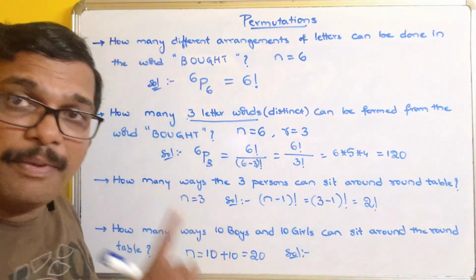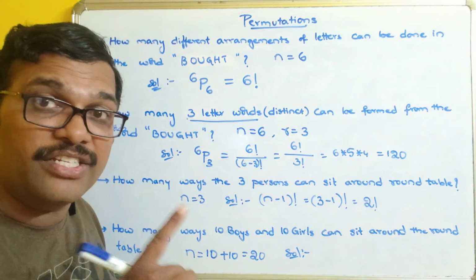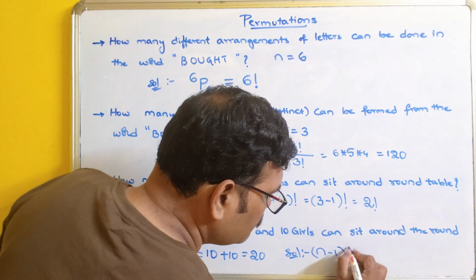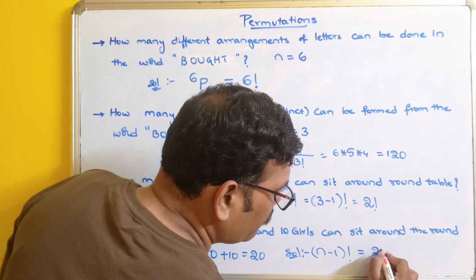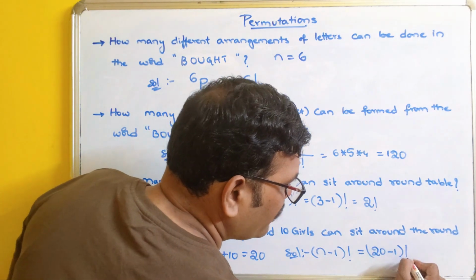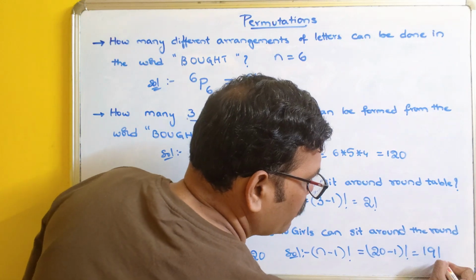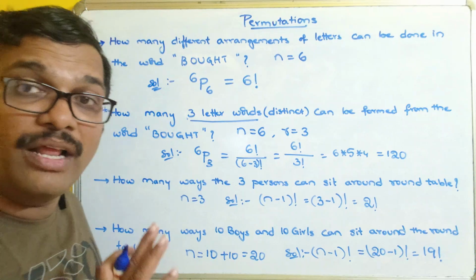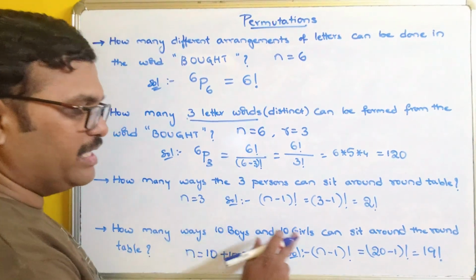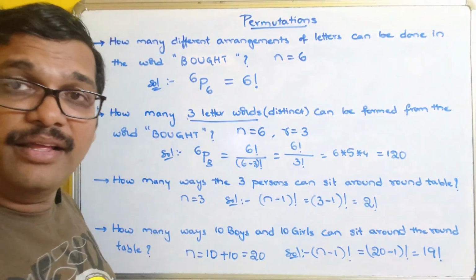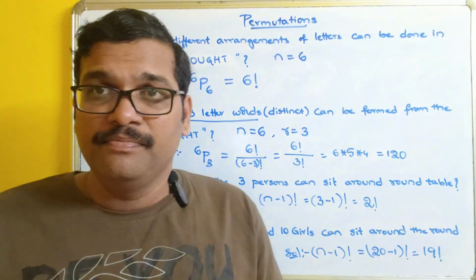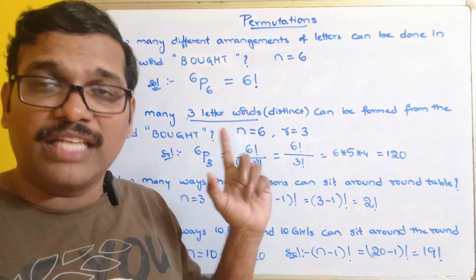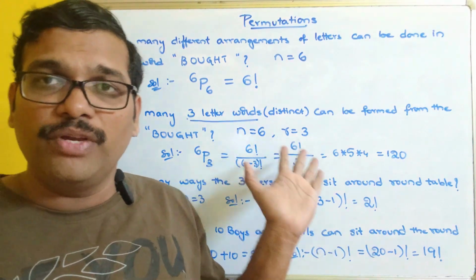If it is a circular permutation without repetition, then it will be (n minus 1) factorial, which is nothing but (20 minus 1) factorial, which is 19 factorial. I'm not solving this 19 factorial. So 19 factorial ways the 10 boys and 10 girls can be seated around the round table. So these are the two different solutions which we have studied.